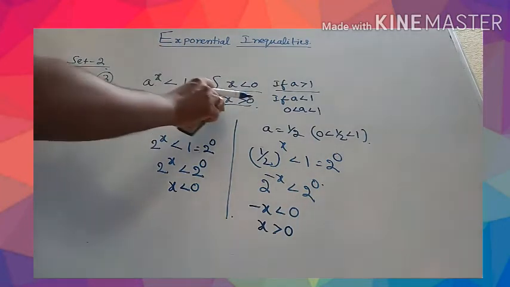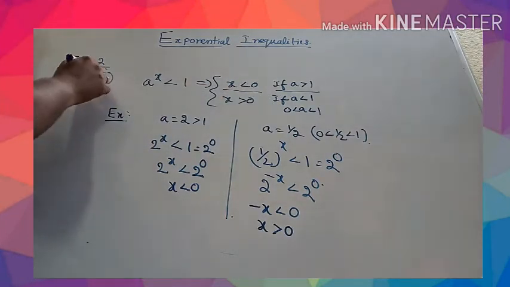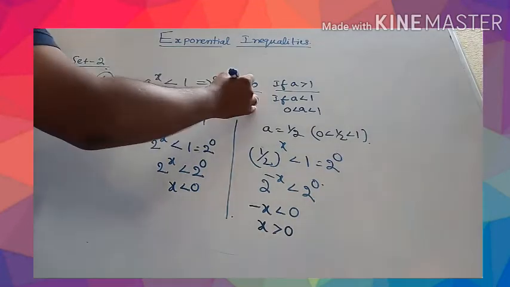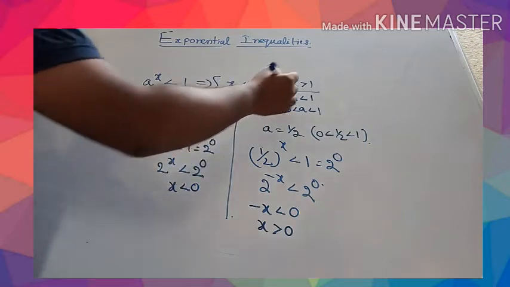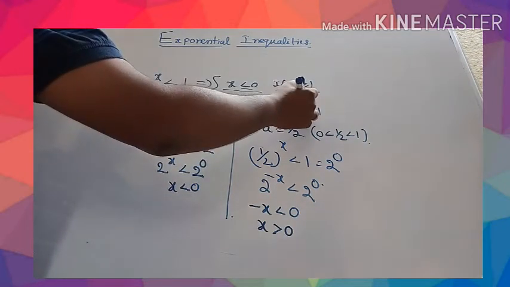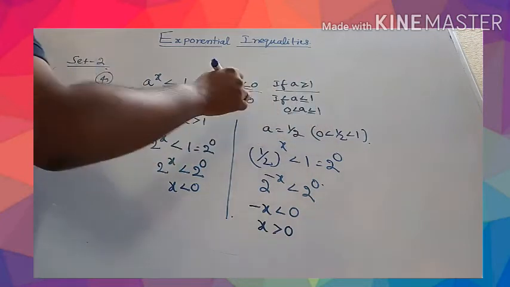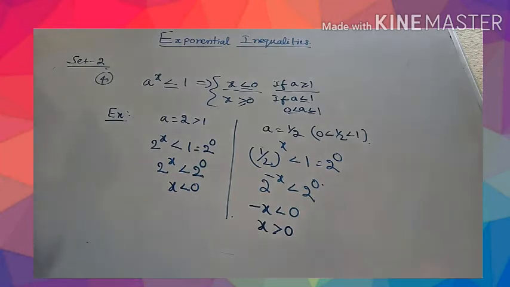Now you see one more thing, my dear students. Under this only, the fourth one, if you take when it will be equal, like lesser than or equal to, when x is lesser than or equal to 0, when x is greater than or equal to 0, here a power x is greater than or equal to 1. When you have the equal symbol with 1, when a is 1, then 1 power x is 1, x is a finite number.